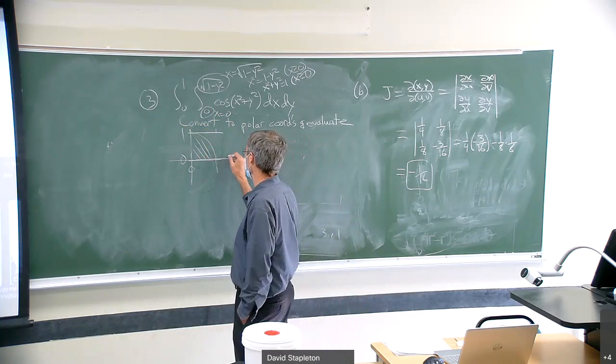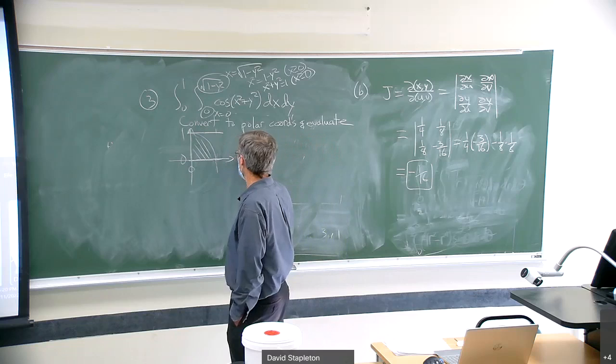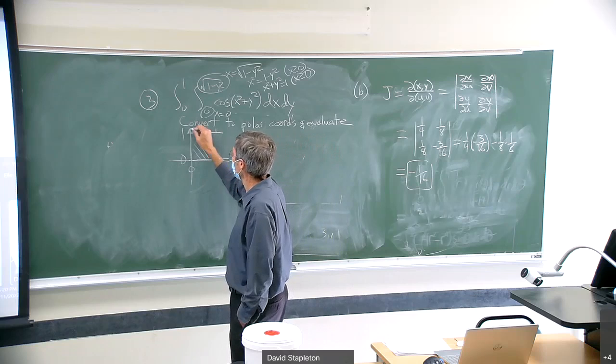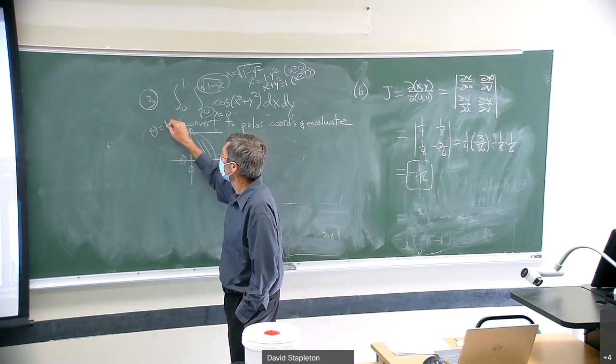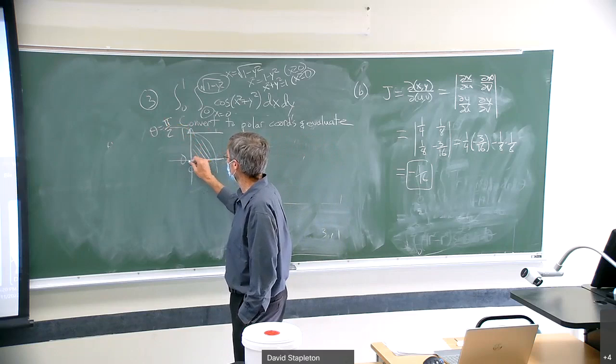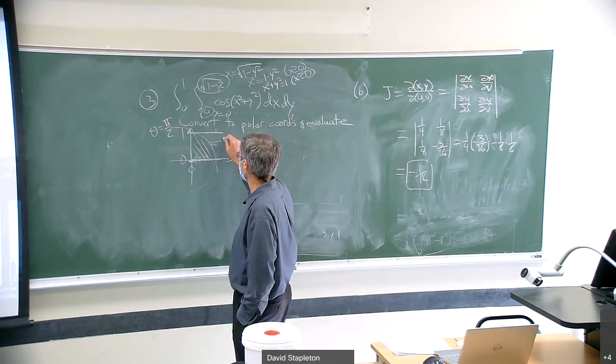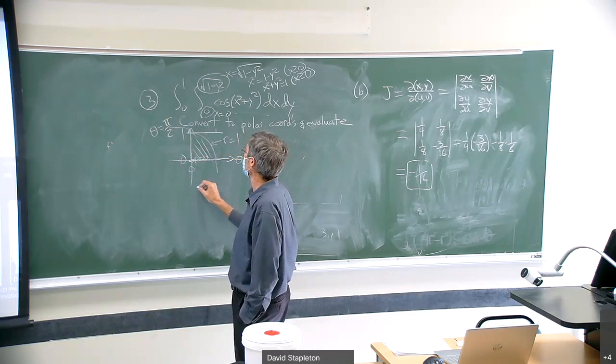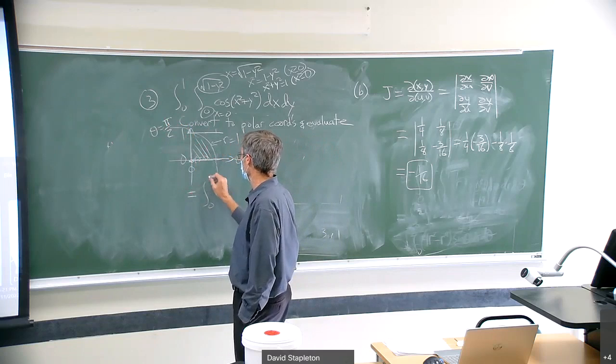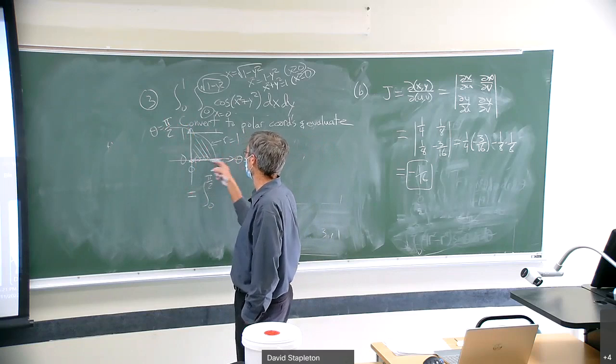We say, well, it's between this ray, theta equals 0, and this one, theta equals pi over 2. Inside curve and outside curve. Well, the inside curve is r equals 0. The outside curve, since it's the unit circle, is r equals 1. Easy. We'll just rewrite that. Theta goes from 0 to pi over 2, the two angles.